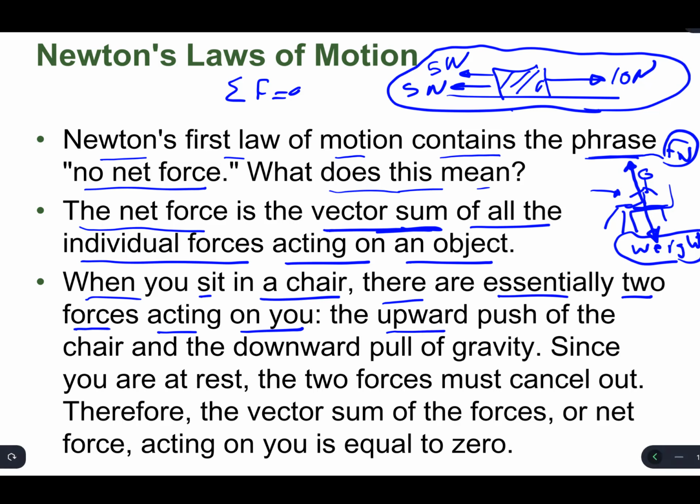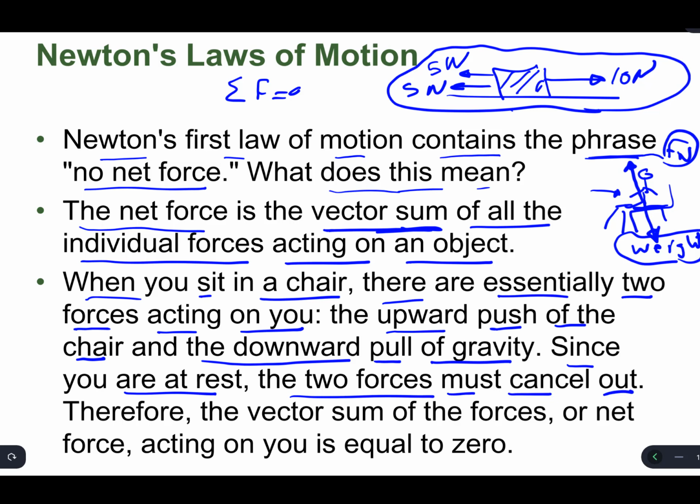The upward push of the chair, that we call the normal force, is perpendicular, from the chair on you, and the downward pull of gravity, that we call weight. Since you are at rest, the two forces must cancel out.